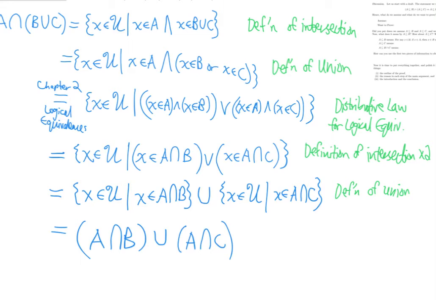We can say definition of A intersect B specifically and A intersect C specifically. Because we already have that union symbol we need, we just need to rewrite each of these sets in the second to last step as something that makes more sense or just uses a different notation. Okay?